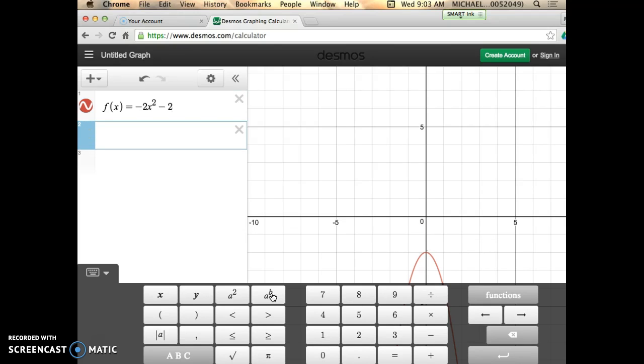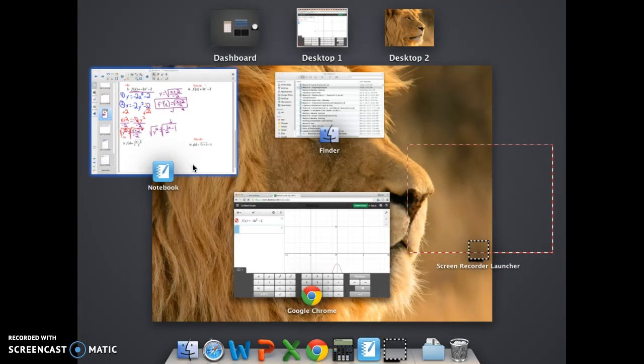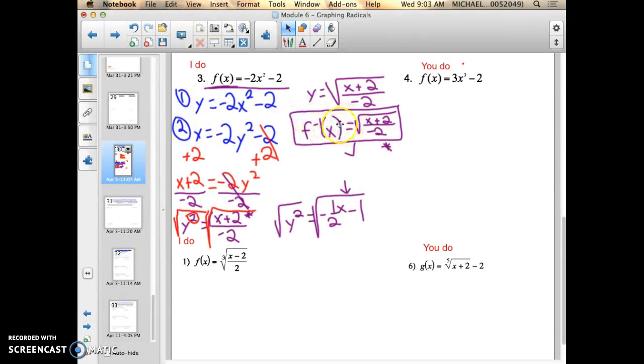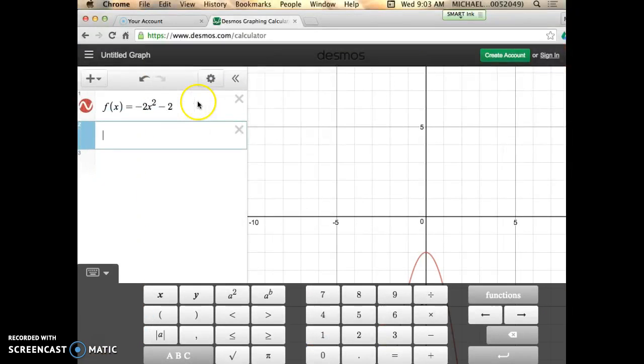Hit enter to go down to the next option for the next function, and I'm going to input what I wrote in purple here, the f inverse of x equals the square root of (x plus 2) divided by negative 2. So I'm going to put g of x, just to tell it that it's a different function.